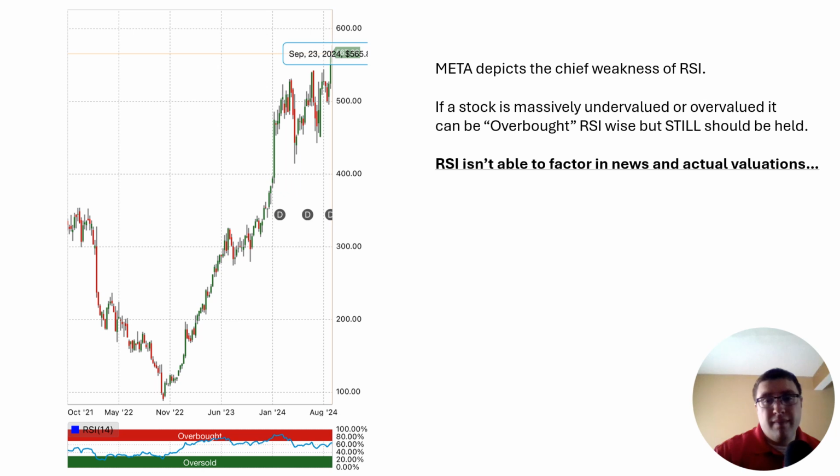So that's the thing. You have to not disregard fundamental analysis. So RSI is nice, but RSI is a tool for your toolbox. It should not be used by itself in a vacuum. You still need to know the actual valuation of a stock relative to its peers and act accordingly. Not just use RSI, especially for a stock like Meta, because you could have lost quite a bit of gain.